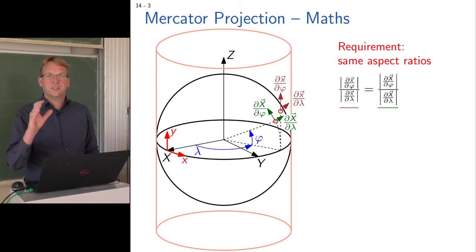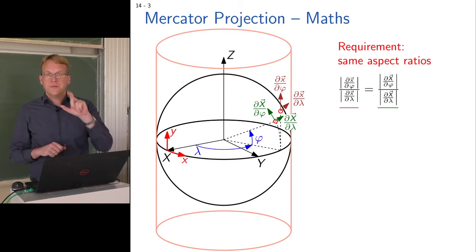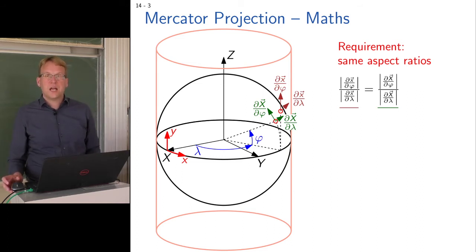specify a constraint, or a requirement, namely what we claim is that these 2 rectangles, the one spanned with the green vector and the one spanned with the brown vectors, should have the same aspect ratio. And that we do with this equation here. You can see that these absolute values are the length of the vector, and here the length of the other brown vector.